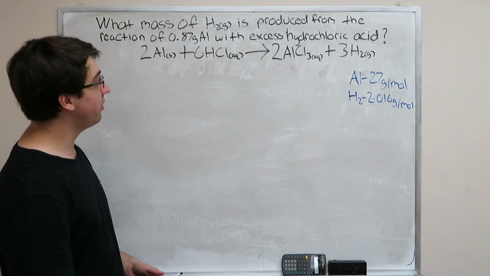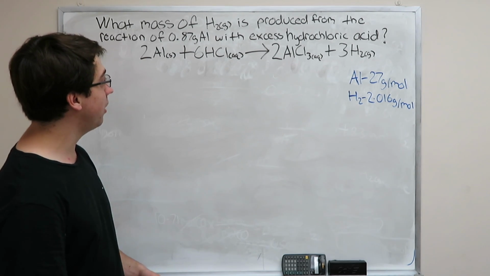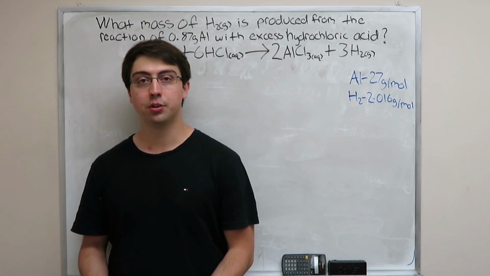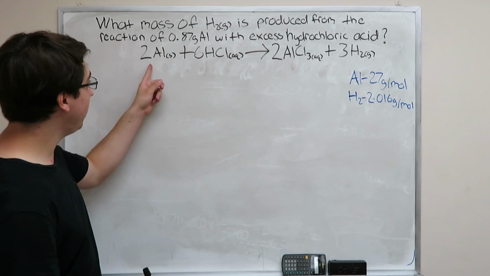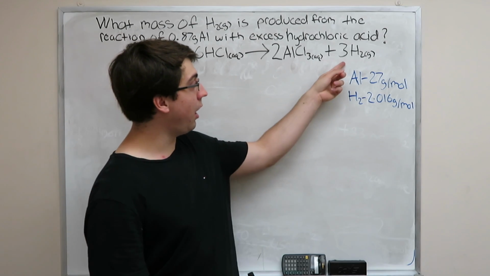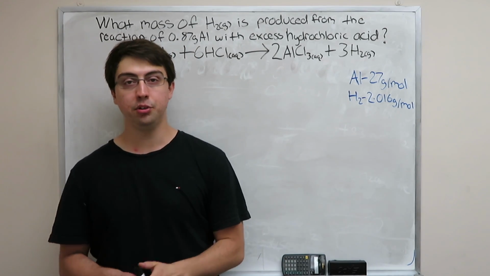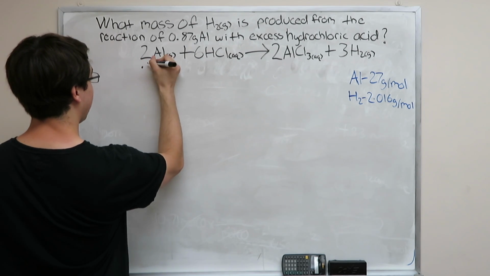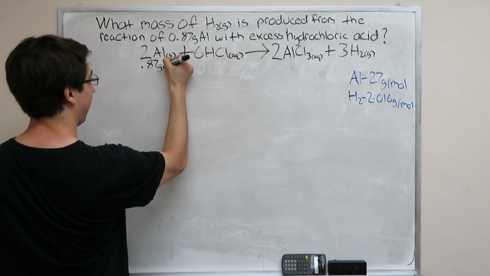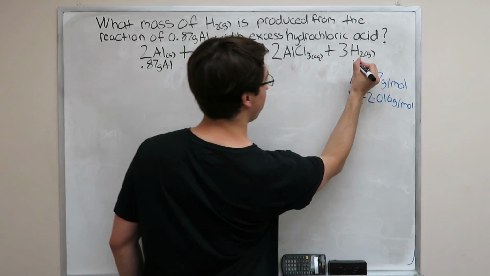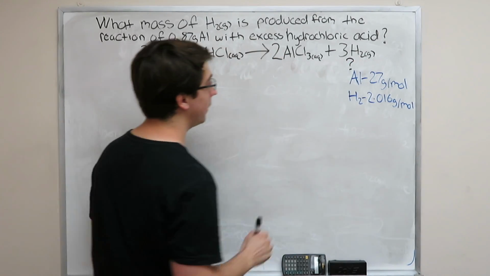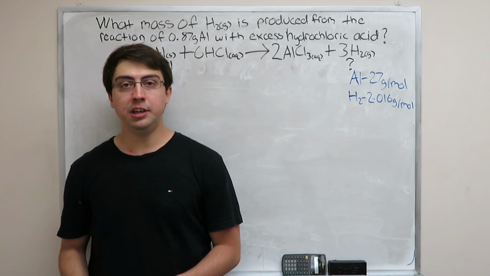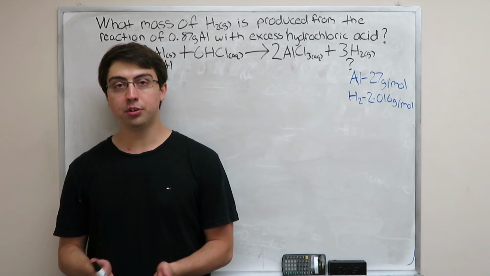What mass of hydrogen gas is produced from the reaction of 0.87 grams of aluminum with excess hydrochloric acid? We're given 0.87 grams of aluminum, and we're trying to figure out how many grams of hydrogen gas is produced. First thing we need to do is convert the grams of aluminum to moles of aluminum.